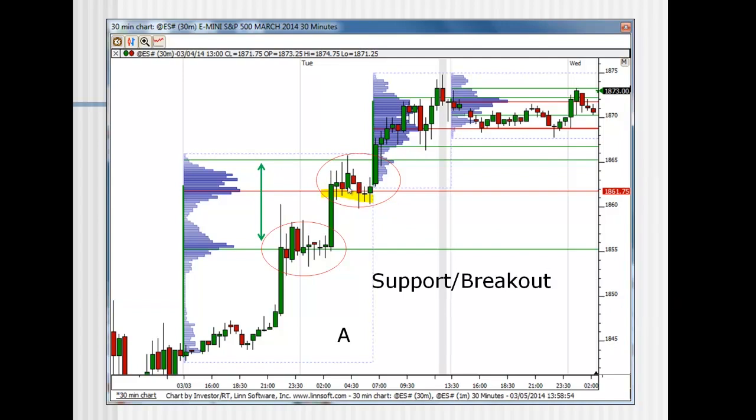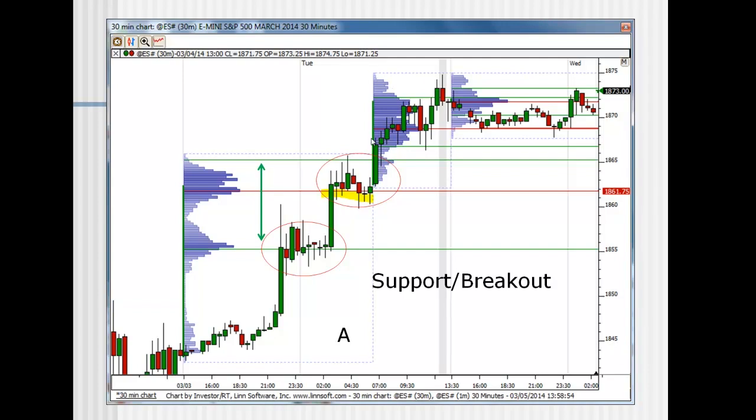In many ways, the pattern here is really very similar to the earlier pattern that we saw here. Once again, we see another breakout and price continues to move higher. What is interesting now is we are beginning a new session, what we defined earlier as session B, this session here, and price is now outside of the value area.